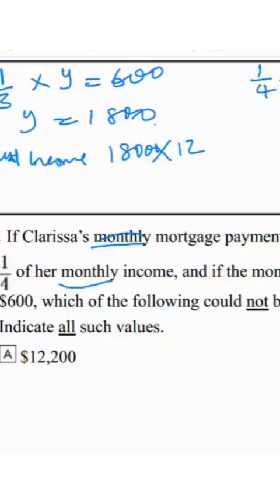Remember that 18 times 10 is 18, then 18 times 2. That's 18 plus 36. Again, 18 plus 3 is 21.